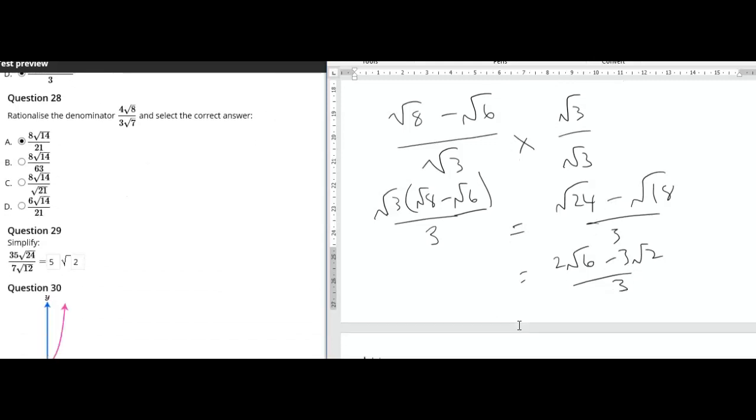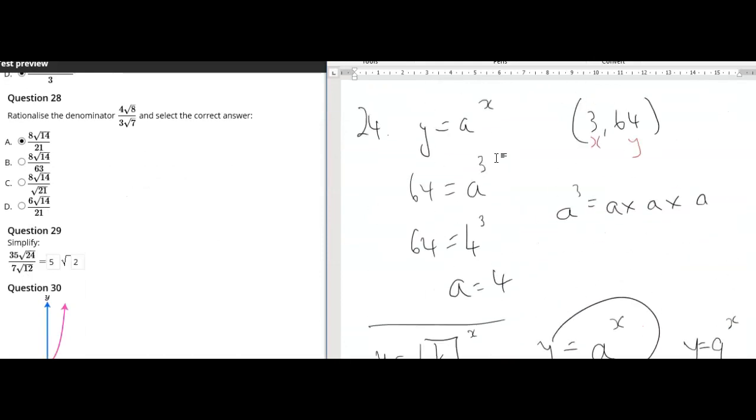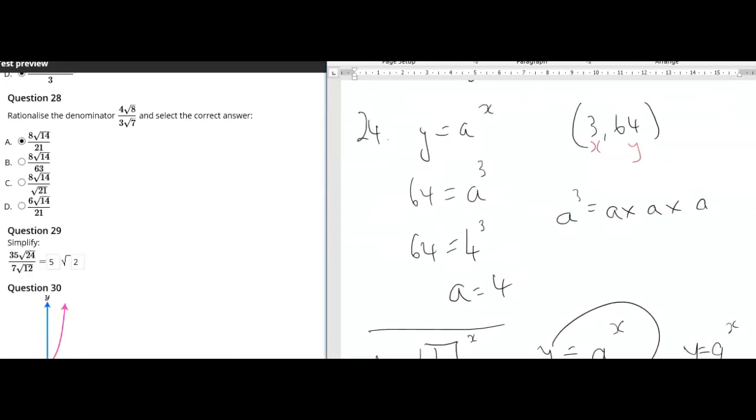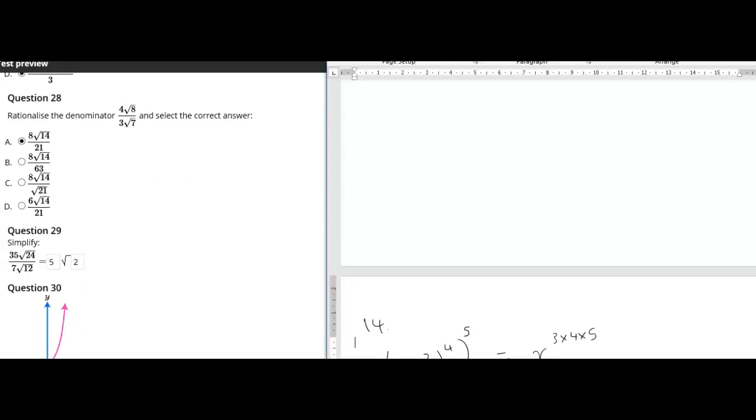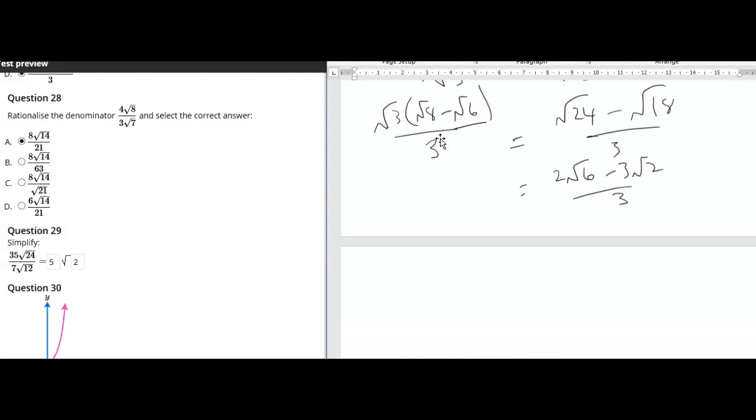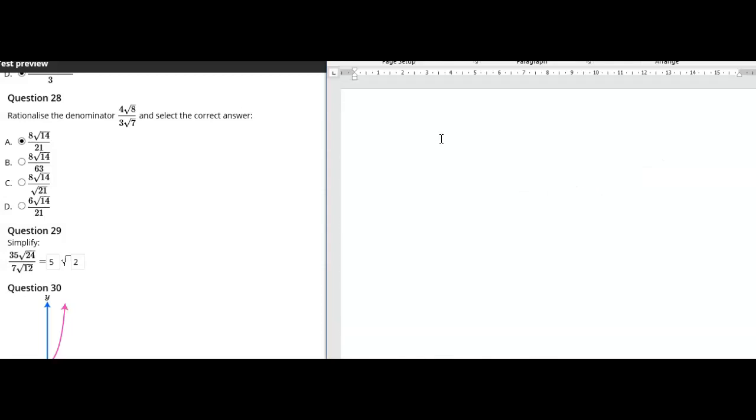All right, question 28. It's going to be another page. Okay, so rationalizing the denominator again.